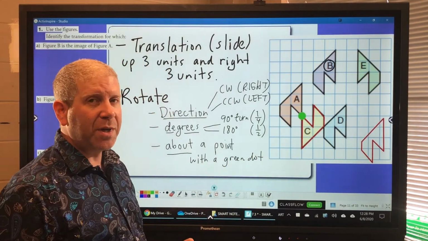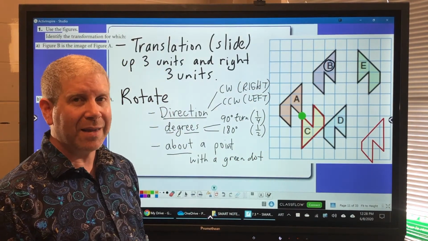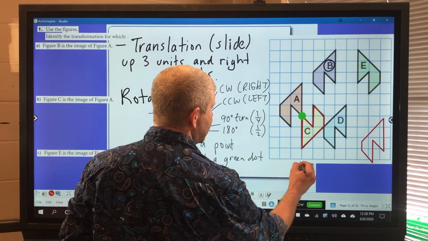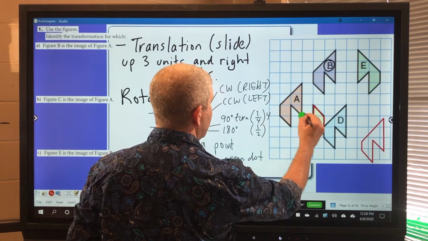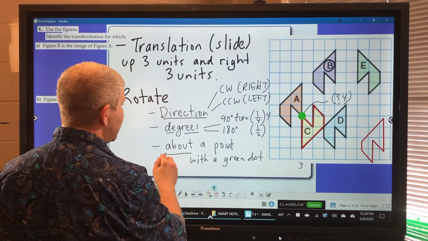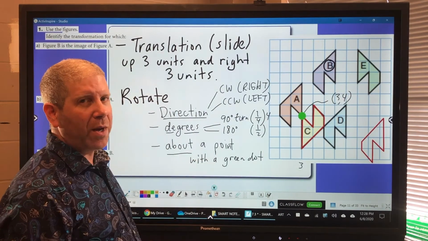The other way you could do it is if you have a grid like this, you could actually write down the coordinates for that point. So in this case, this is 3 and this is 4. So this point is located at 3, 4. So you could say rotate about the point at 3, 4.